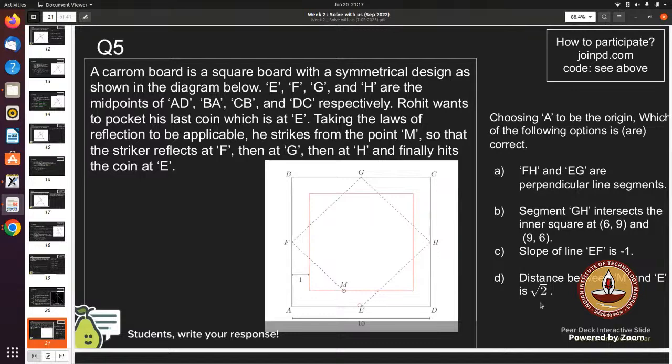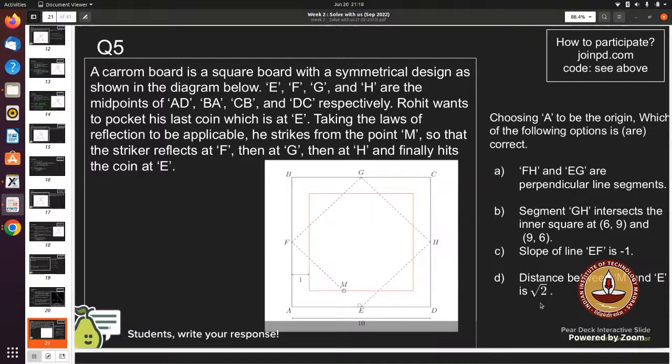We know the coordinates of F and H, so y is equal to 5. And what is the equation of EG? X is equal to 5. So basically they are parallel to the x-axis and y-axis, so they must be perpendicular to each other. So the first option is correct.